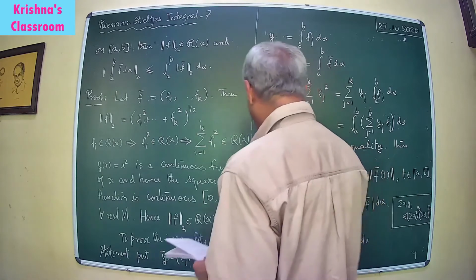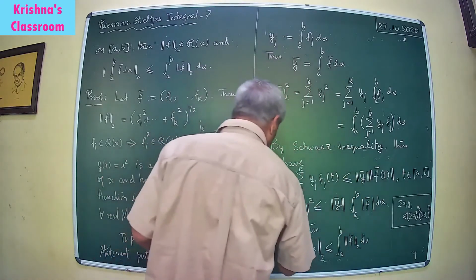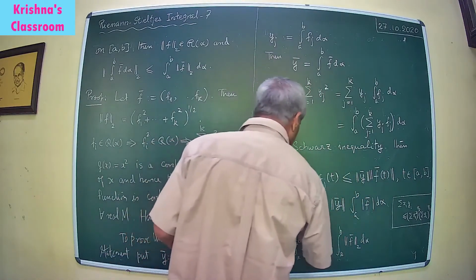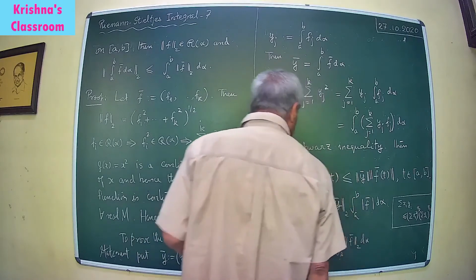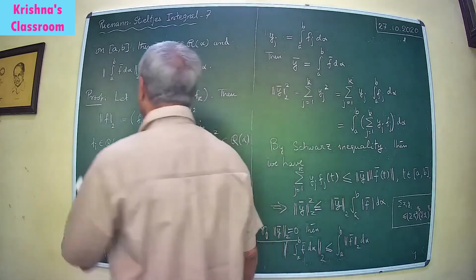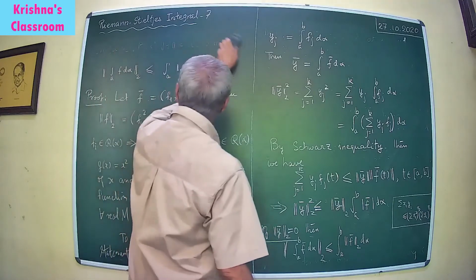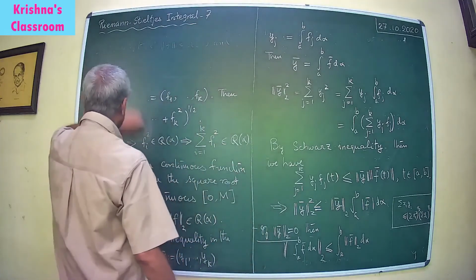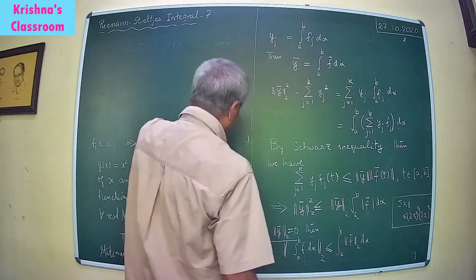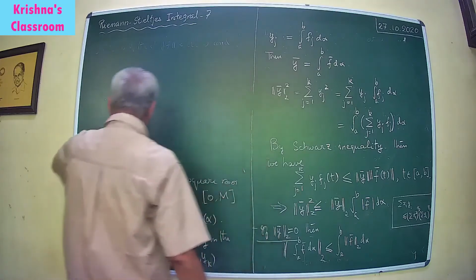So if the norm of y is not equal to 0, we can divide both sides by the norm of y.